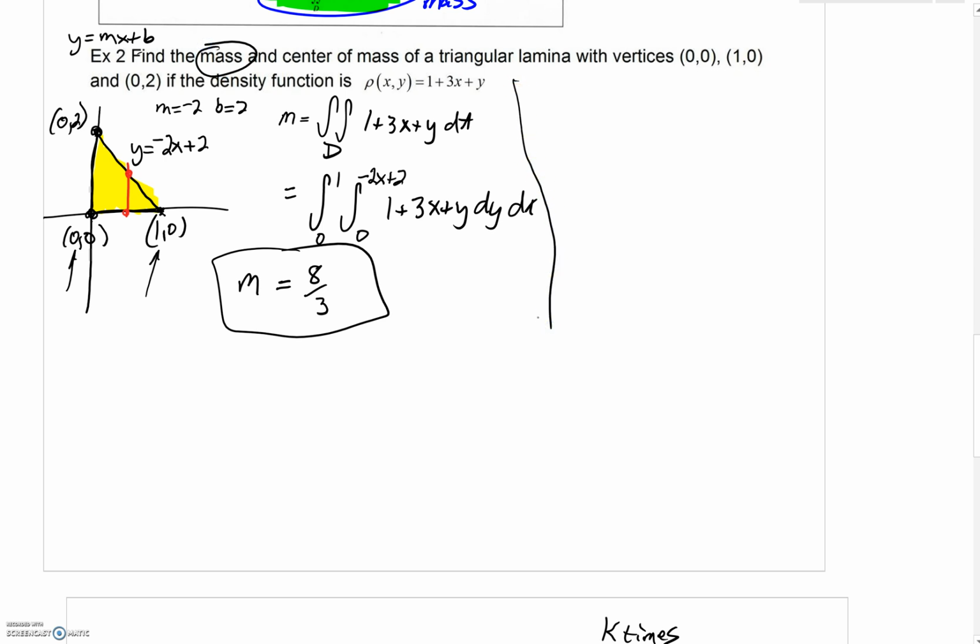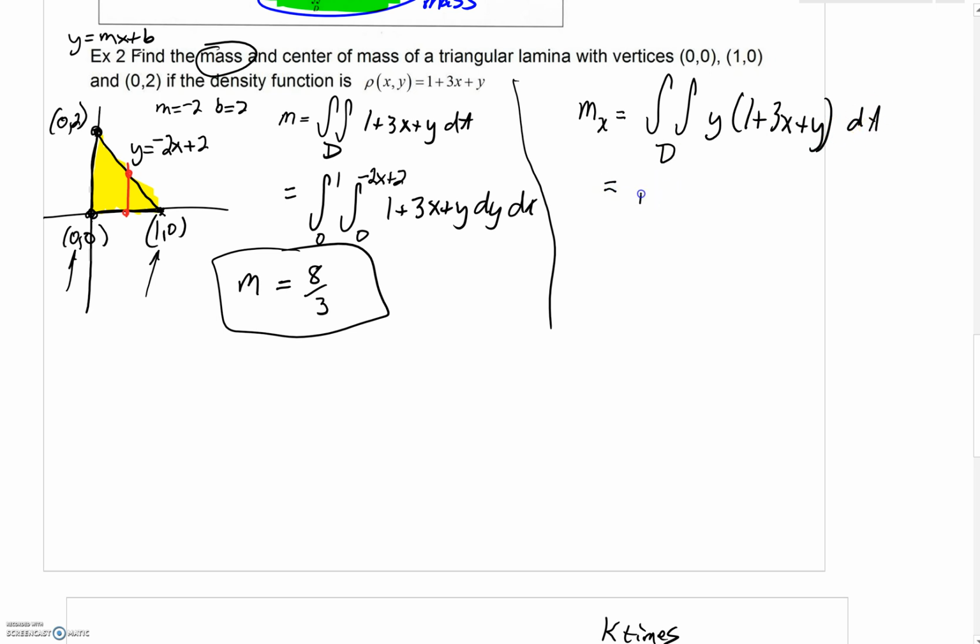If we wanted to find the moment about the x-axis, you can remember that would be the average distance on this lamina from the x-axis. That would be a y here, and we'd have 1 plus 3x plus y, and we'd have our dA right here.